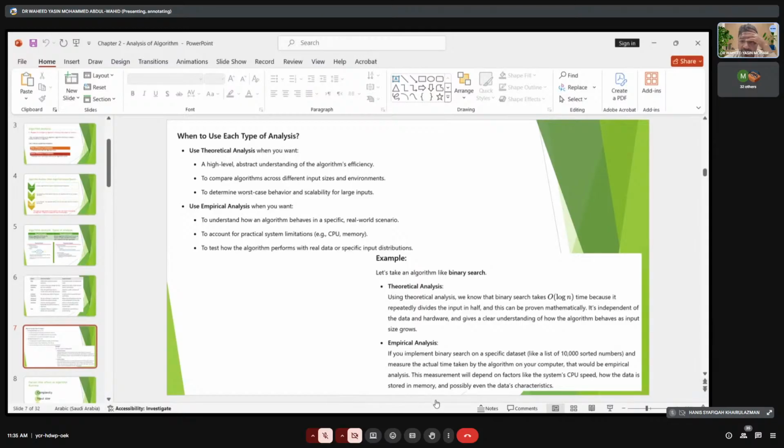Empirical analysis: if you implement binary search on a specific dataset, like a list of 10,000 sorted numbers, and measure the actual time taken on your computer, that would be empirical analysis. This measurement will depend on factors like CPU speed, how the data is stored in memory, and possibly even data characteristics. That is theoretical versus empirical analysis for binary search.